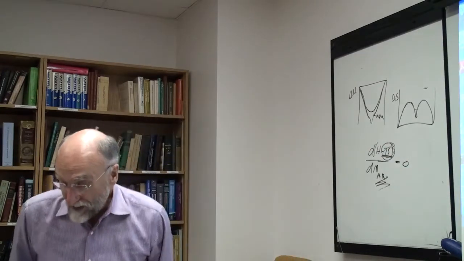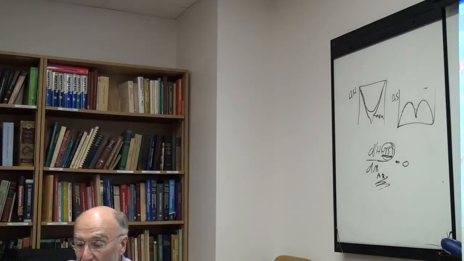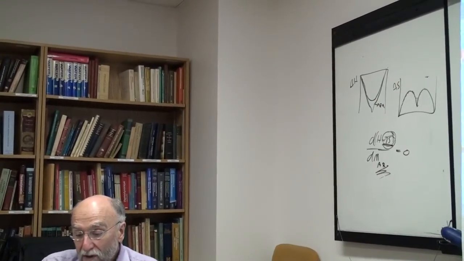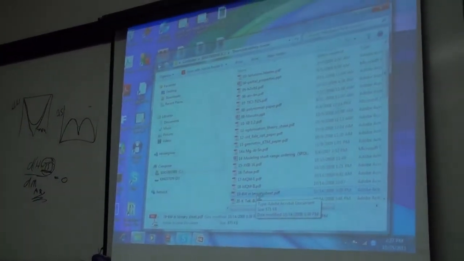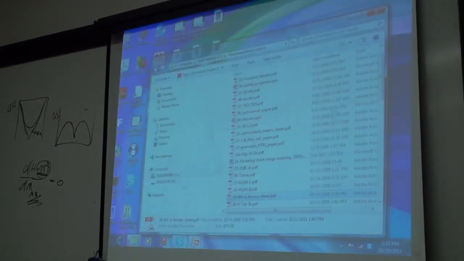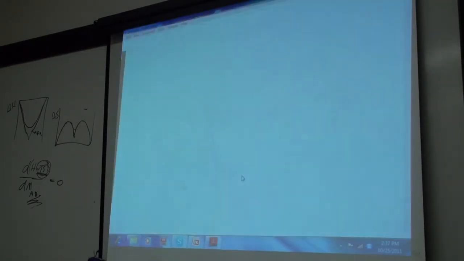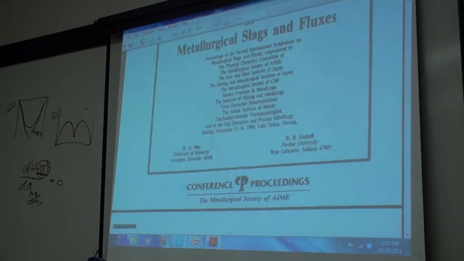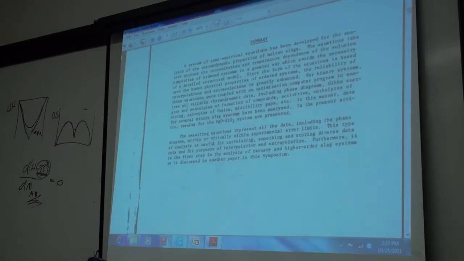To show that z equals 2 is an exact solution, you're not responsible for this, but if you look at number 16, this is actually the first paper that Milt Lander and I wrote on the quasi-chemical model way back in 1984.